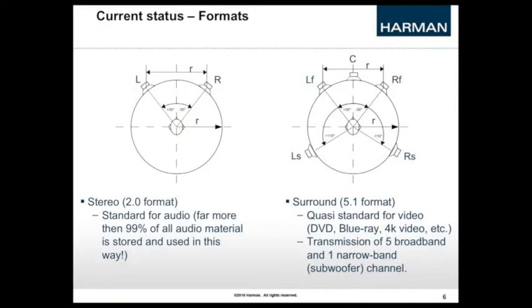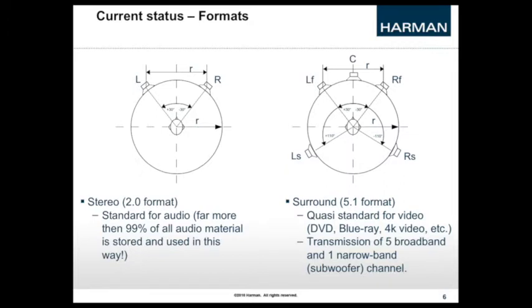So now let's talk about the typical formats that can be found nowadays. And actually, there are only two. There are a whole bunch of formats available and standardized, but what we actually use by far, more than 99%, is the stereo format. If you listen to FM audio, if you listen to MP3, whatever, far more than 99% is coded in stereo.